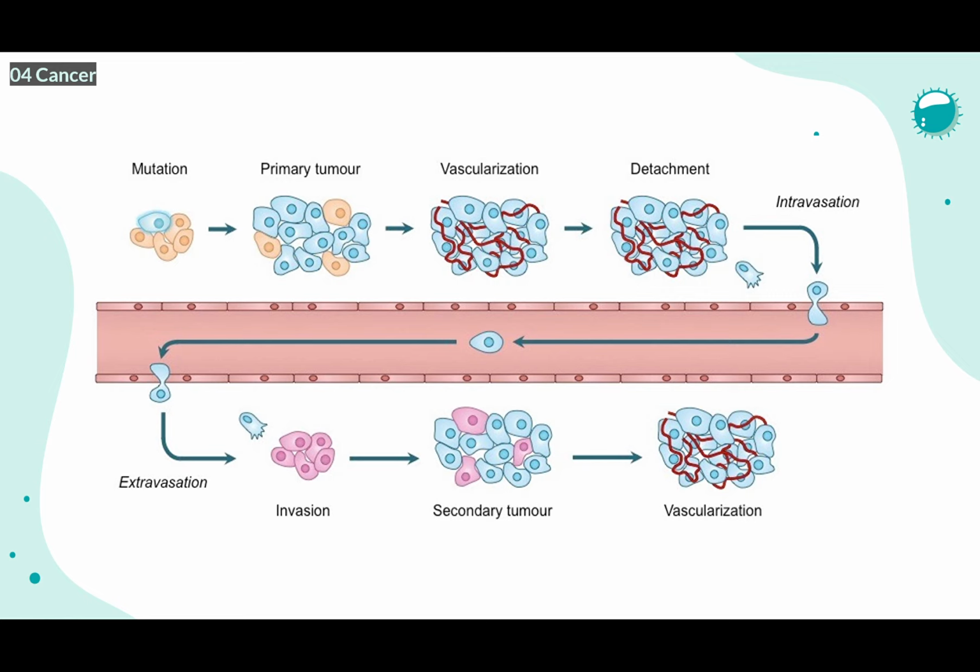As you can see here in the detachment and intravasation, this malignant cell transforms to the extravasation, which then is the invasion of a cell group, forming a secondary tumor. And this cycle repeats with the vascularization of the secondary tumor and ends up becoming cancer in the last form.